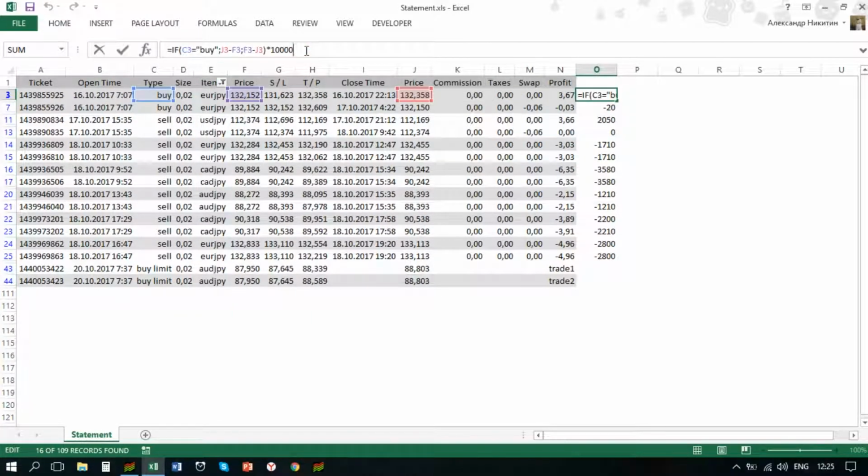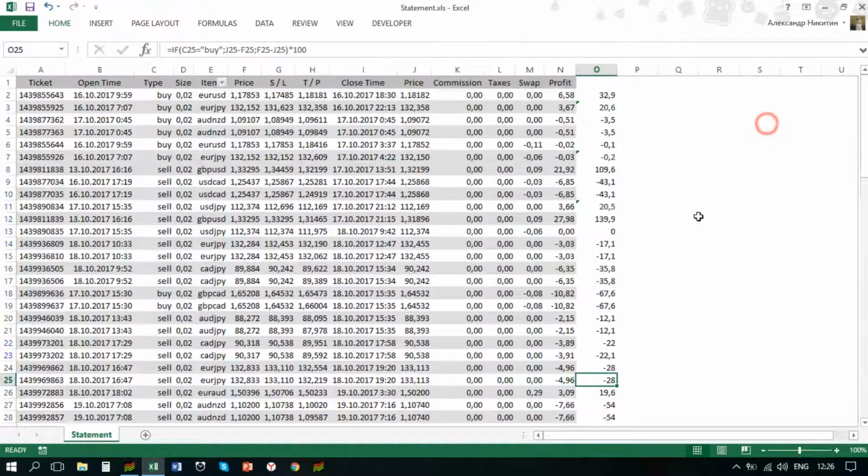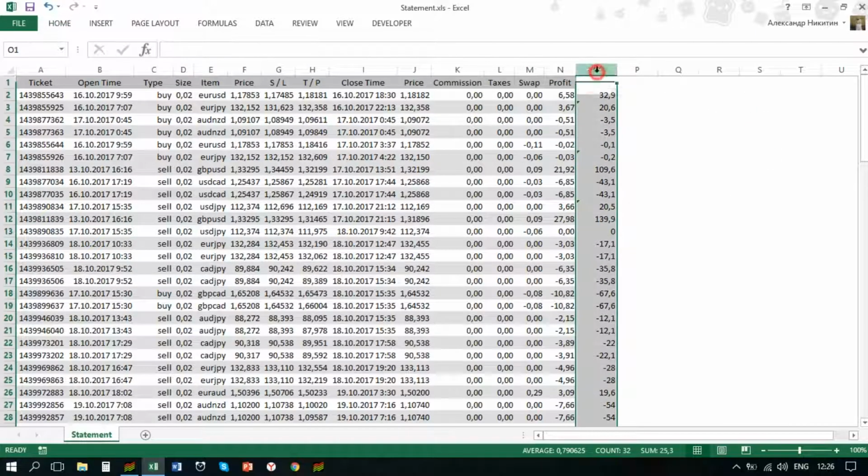I will change the formula to 100, yes, 100, and I will stretch that to be similar in every line. So now instead of thousands, I have these smaller numbers. Perfect. Let me disable the filter, and now I have perfect amount of pips.